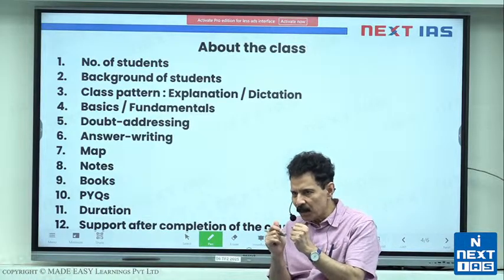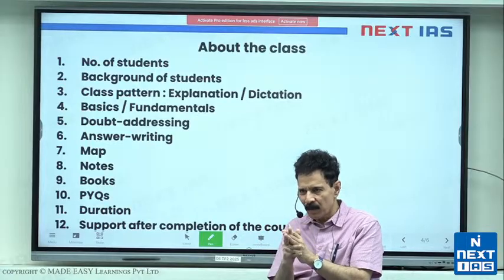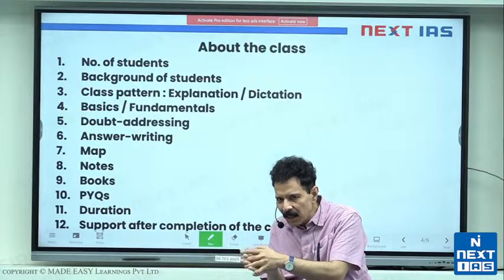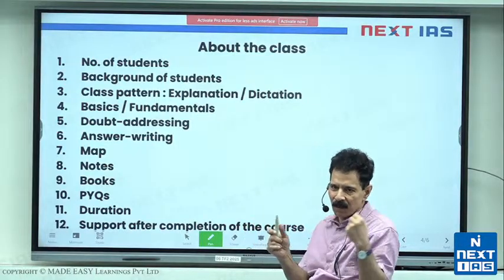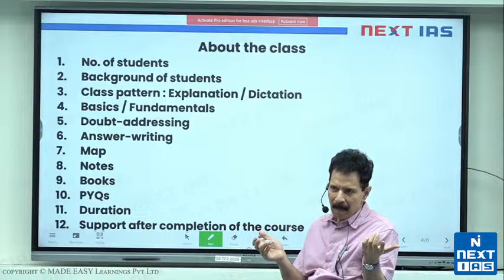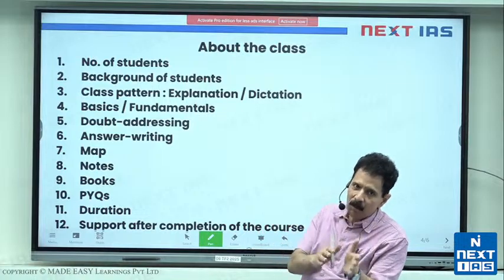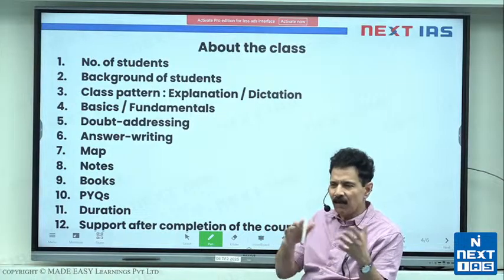So out of 60%, 70% are around from DU. The rest 30% are from other good places like Osmania University, Aligarh University, all history people. The rest 40% are from diverse backgrounds.